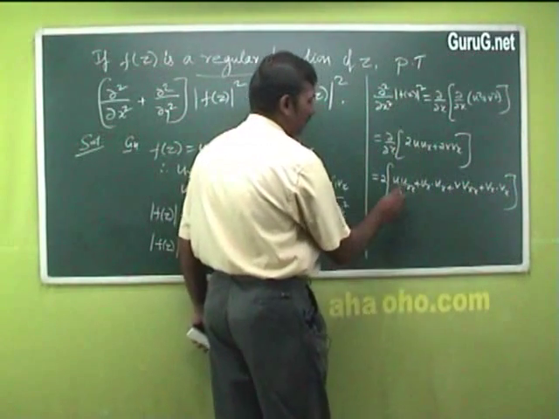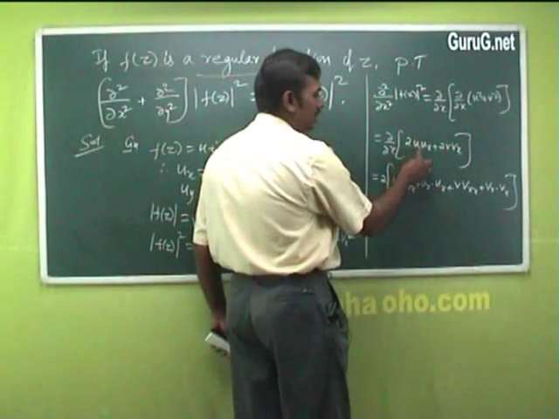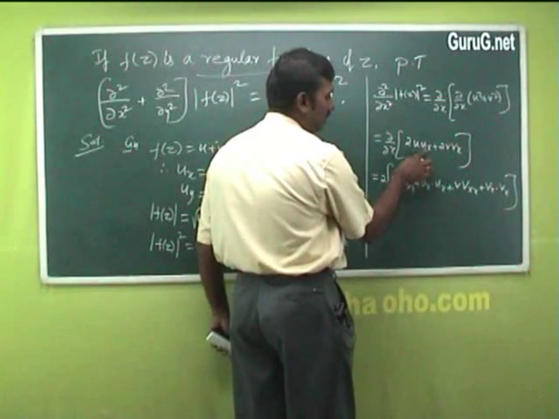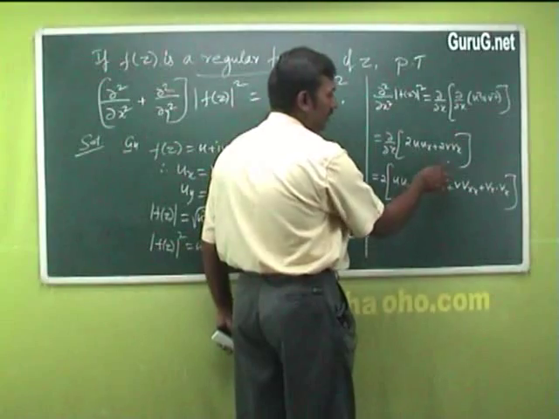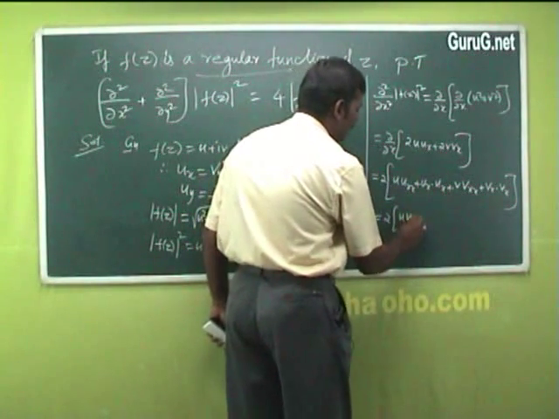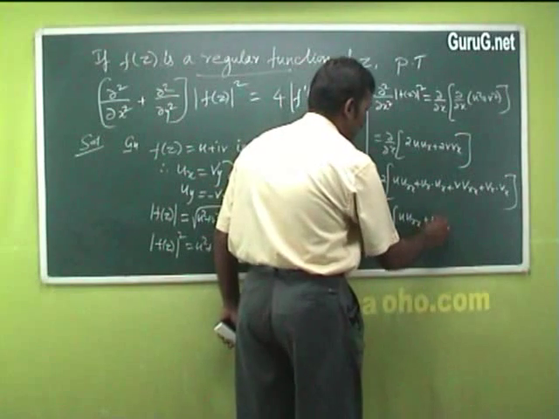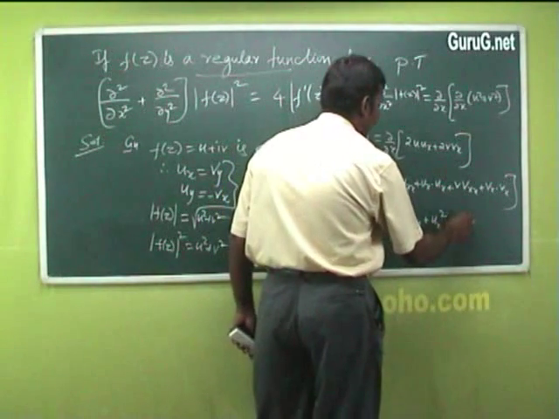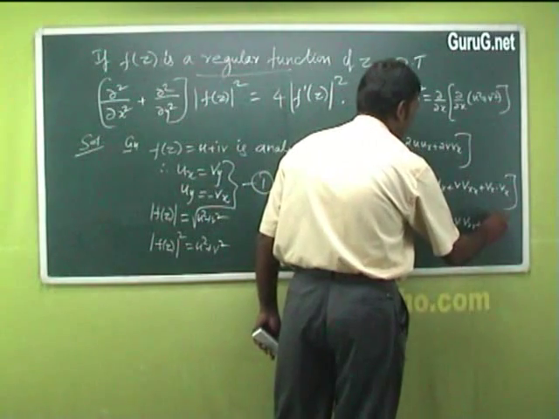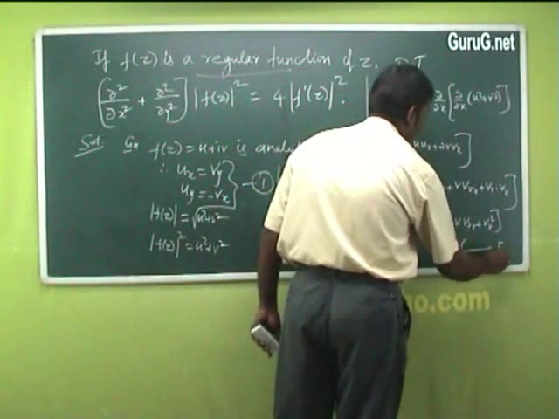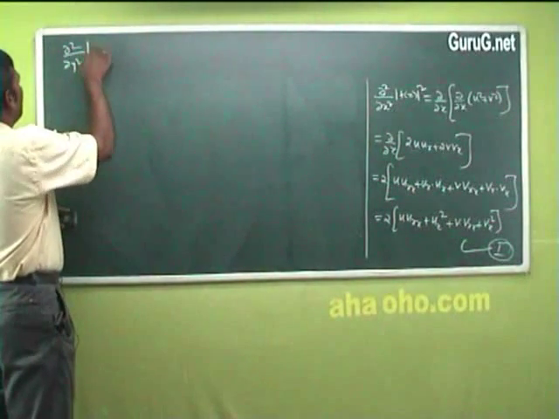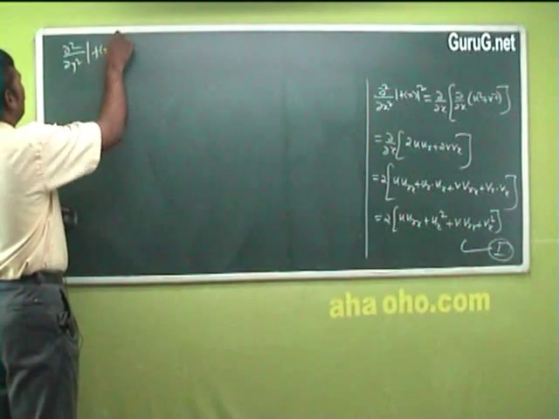This is nothing but keeping u as it is and differentiating ux gives uxx, plus keeping ux as it is and differentiating u gives ux, similarly for v. So 2 into uxx plus ux the whole square plus vxx plus vx square, right? Take it as 1.